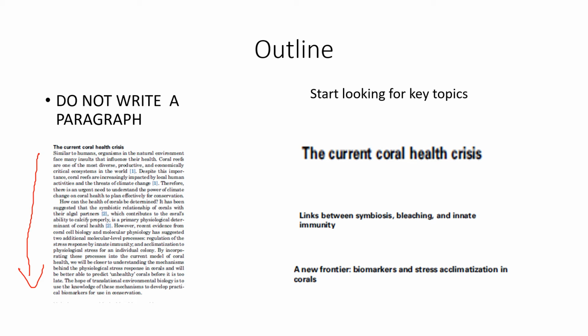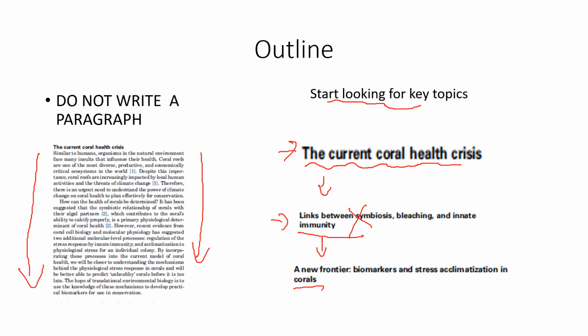I want you to start looking for the key topics. So instead of writing, I want you to highlight what are the key topics that you want to talk about. And then we will see how we fill in the information and how we find links between the information. And maybe one day you say, Nicholas, this is not an important topic, so we remove it.